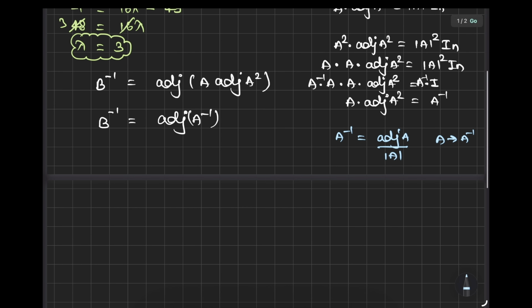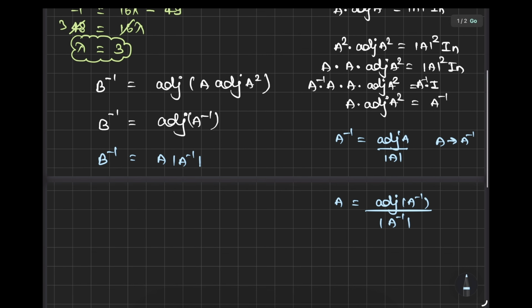So if I replace A with A inverse, it will look like adjoint A inverse upon determinant A inverse. And look at this, it is adjoint of A inverse. So can I replace that adjoint of A inverse as A times determinant of A inverse, and then we have B inverse? Correct or wrong? Correct.